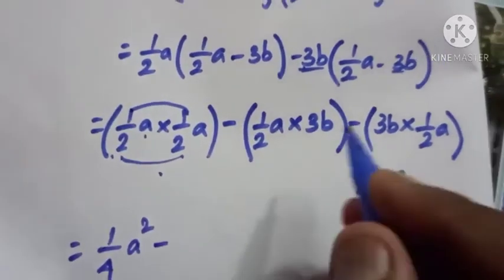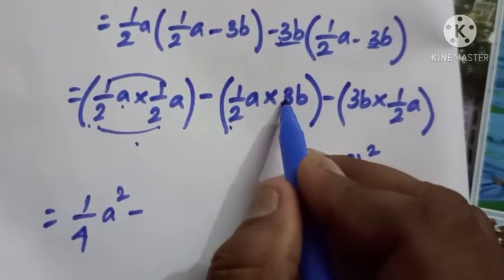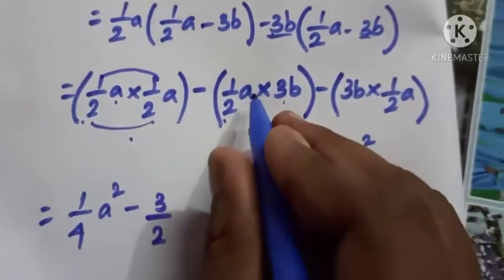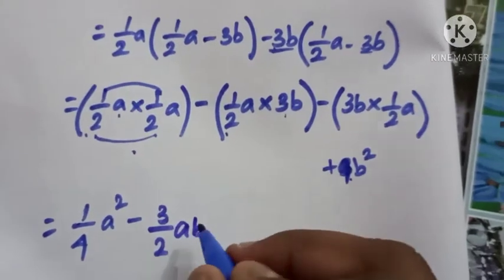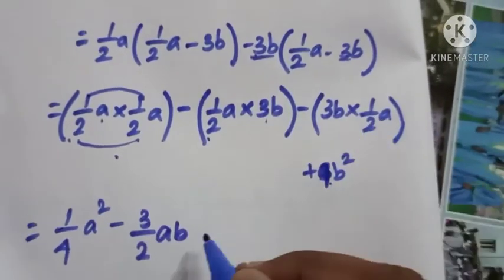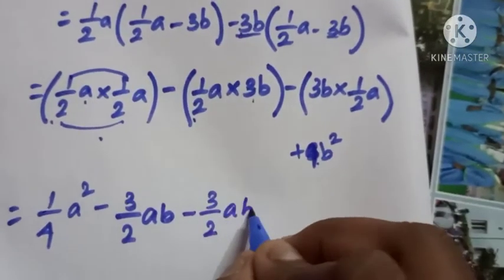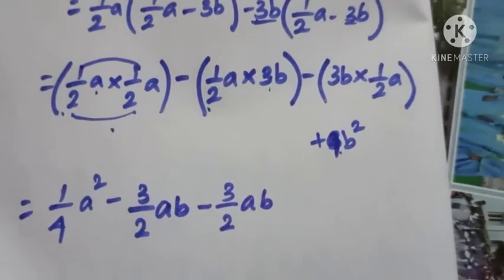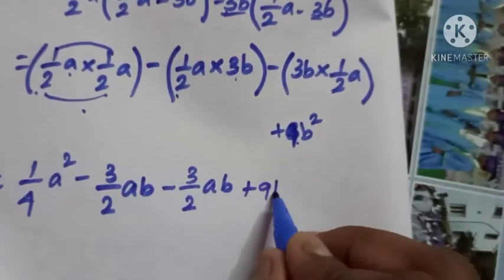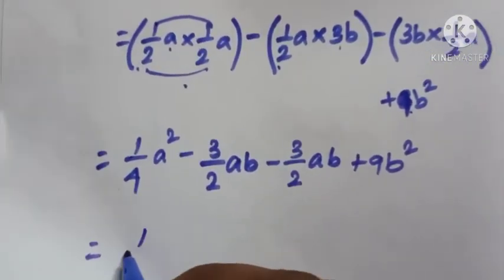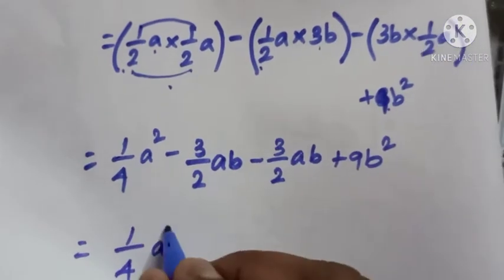Okay, minus 1 by 2 into 3. So it becomes 1 into 3, 3. So 3 by 2, a into b, you get ab. And here also the same, minus 3 by 2 ab plus 9b square. Again, how can we sort it out? 1 by 4 a square.